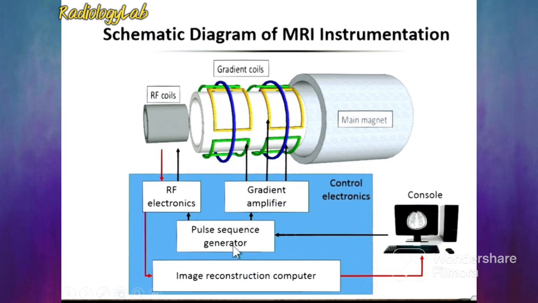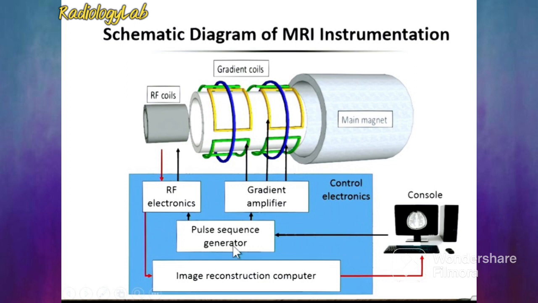This is a schematic diagram of MRI instrumentation. We have the main magnet, gradient coil, and RF coil. The pulse sequence generator generates the pulse sequence for applying current to the RF coils and the gradient coil, which is determined by the pulse sequence generator and the programmer.